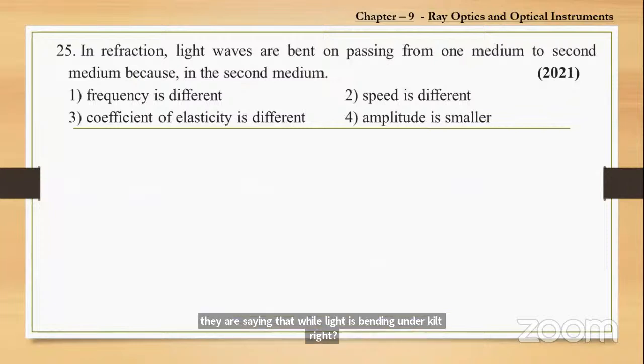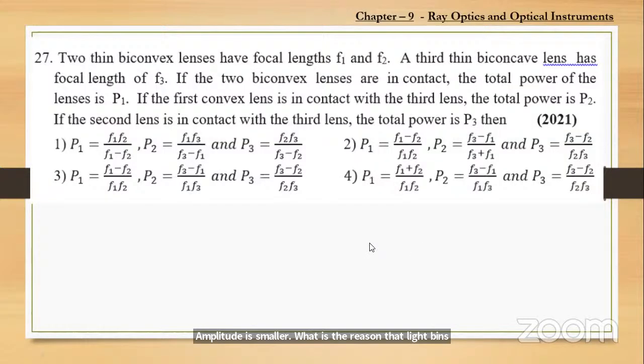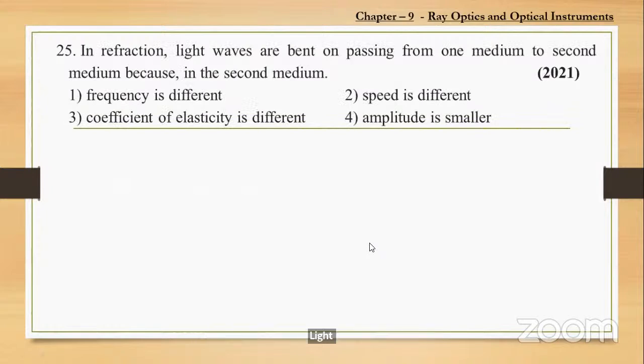These are the options: the frequency is different, speed is different, coefficient of elasticity is different, amplitude is smaller. What is the reason that light bends when light falls from one medium to another medium? What is the answer? Any guess for this one?